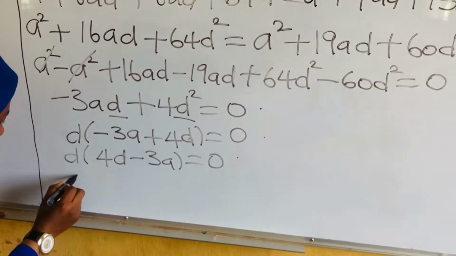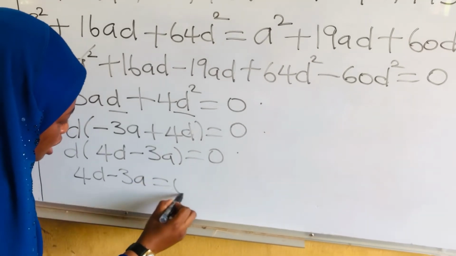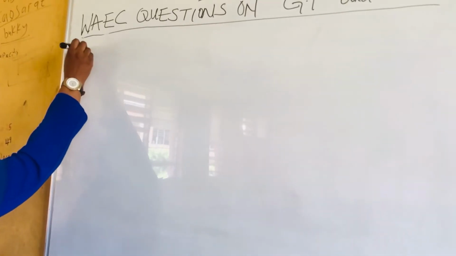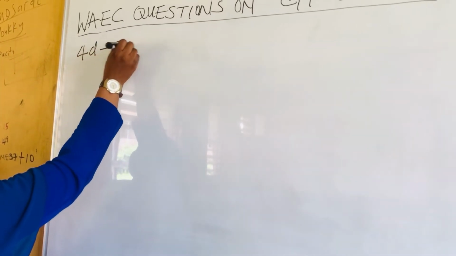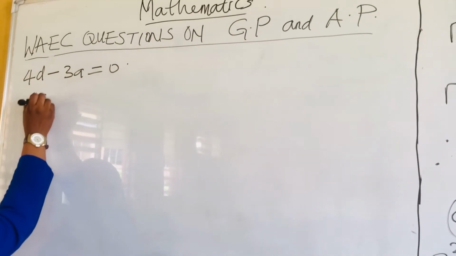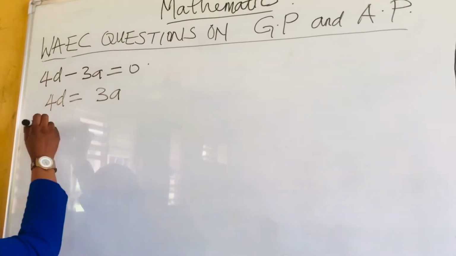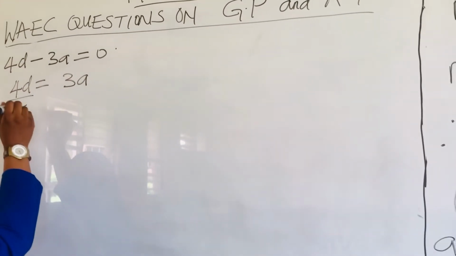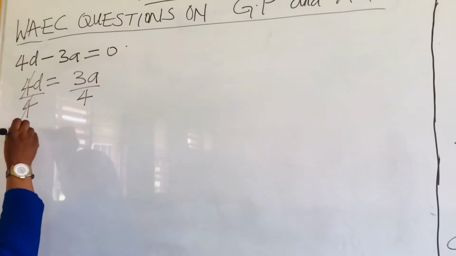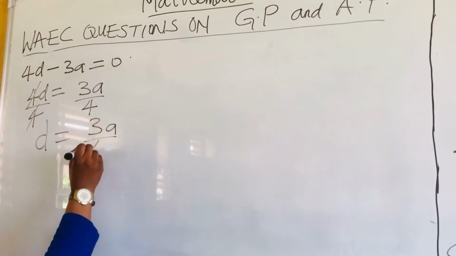So we can say that we have 4d minus 3a is equal to 0, or d is equal to 0. 4d minus 3a is equal to 0. So from here, 4d is equal to 3a. So divide both sides by 4: 4d divided by 4 equals 3a divided by 4. So 4 cancels 4 here, so we are left with d is equal to 3a over 4.